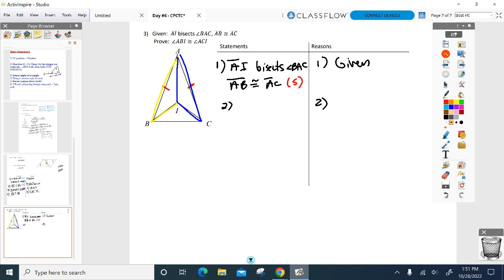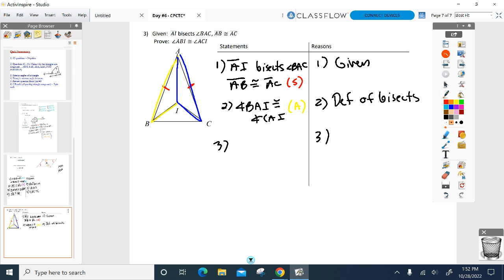What else is true? Nice job, with the hard one first. Angle BAI congruent to angle CAI. Definition of bisects. So that's 2 down, 1 to go, correct?